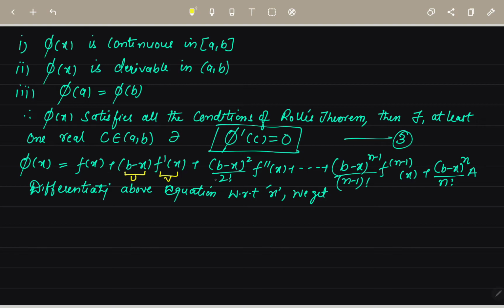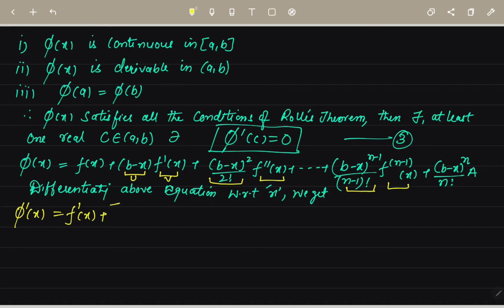Similarly, I will take this term as u and this term as v, and for this term it is u and this one is v. So now I am differentiating this equation. So phi dash x is equal to the differentiation of f x, which is f dash x.